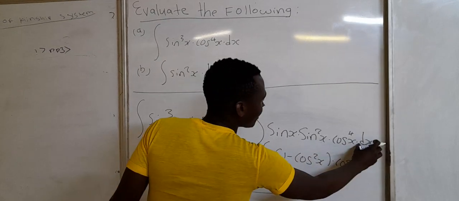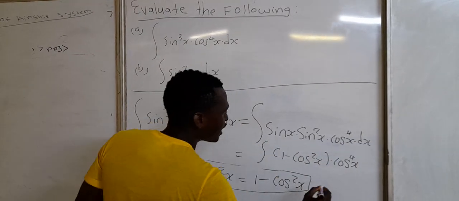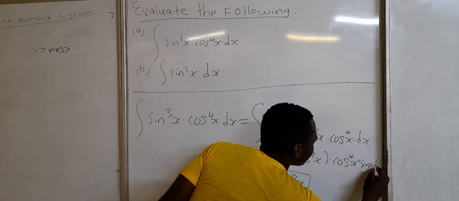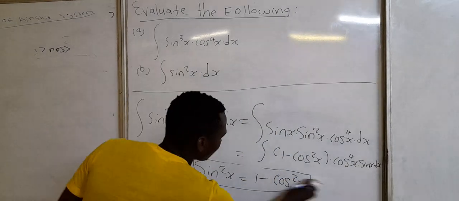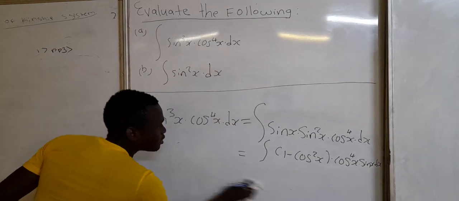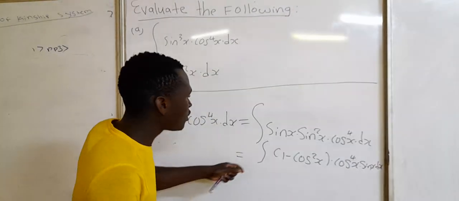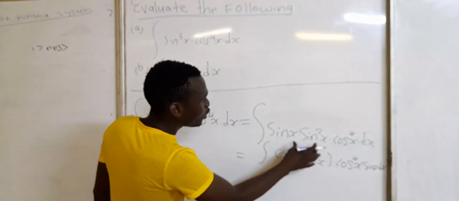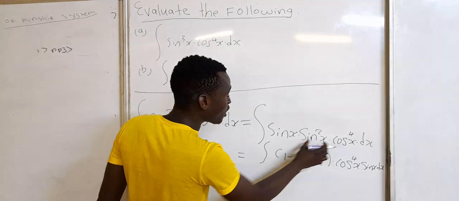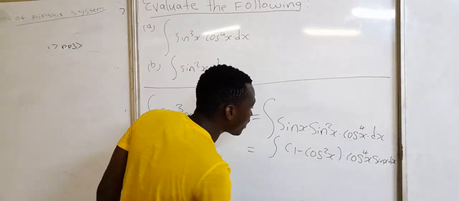Allow me to write this sine x together with dx here. This is sine x dx. Because I have already put this, let me write this one. So you can see that what we have done, we just applied the trigonometric identity and said sine square of x is nothing but 1 minus cos square of x.